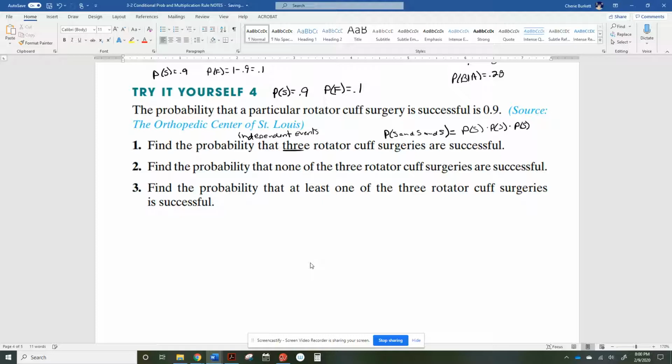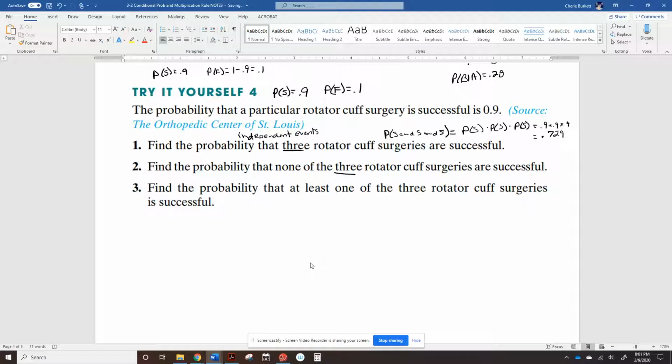One doesn't have any bearing on the outcome of the other. So this is 0.9 times 0.9 times 0.9. And those 3 things multiplied together is 0.729.